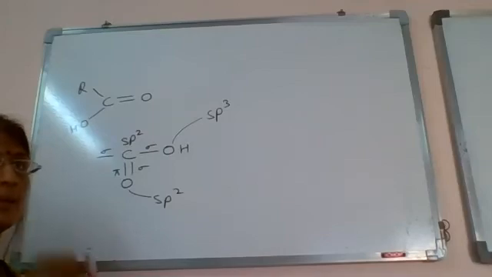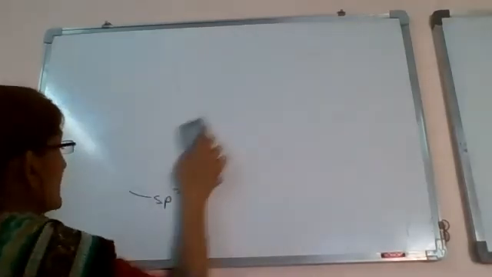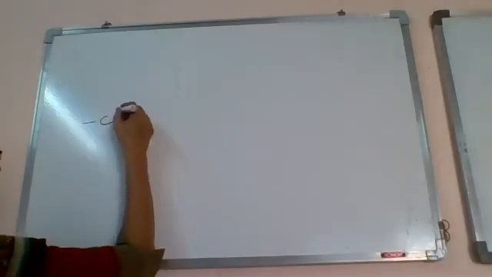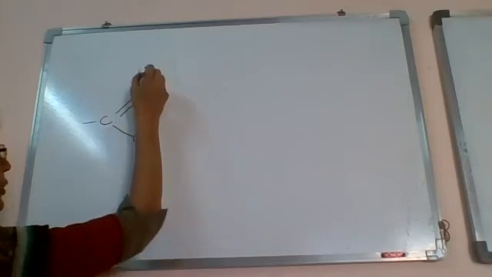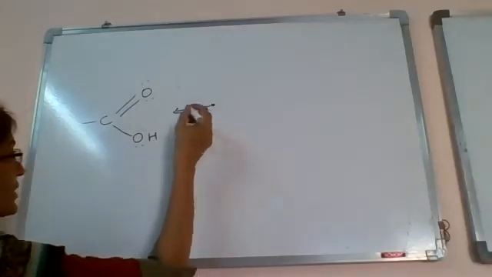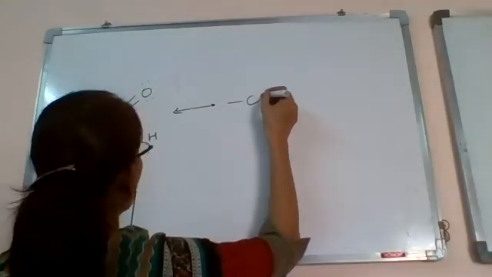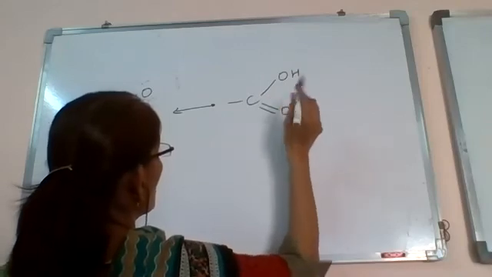Why? Because the COOH group is a resonance hybrid of two structures. See, the carboxyl group is a resonance hybrid of two structures. This is C double bond O and this OH, with two lone pairs here also. What is the resonance structure? Another: OH, here double bond.